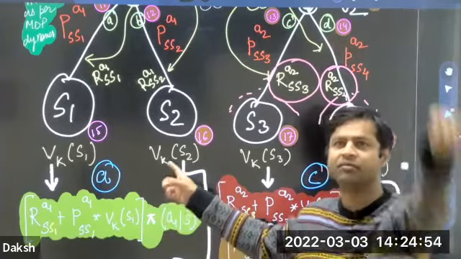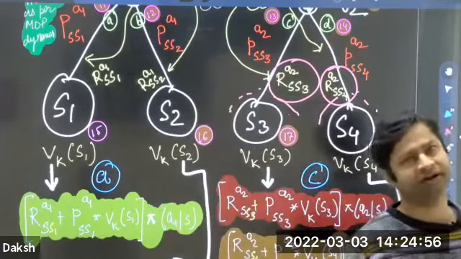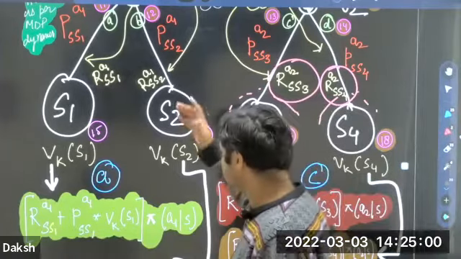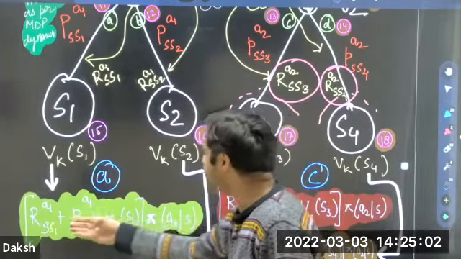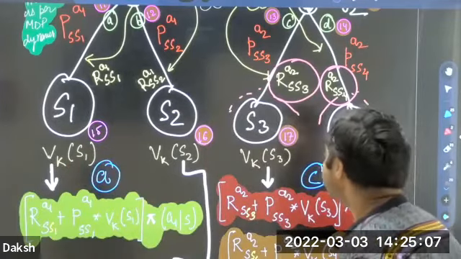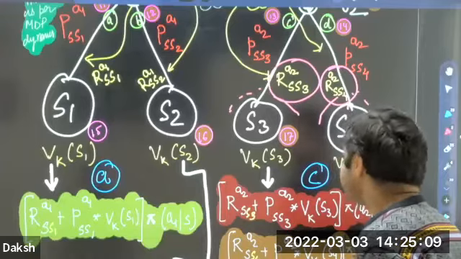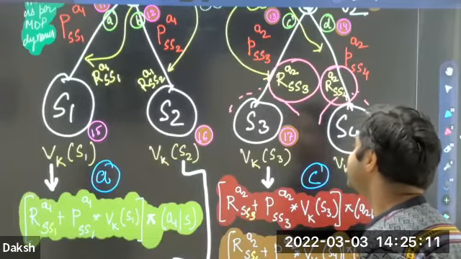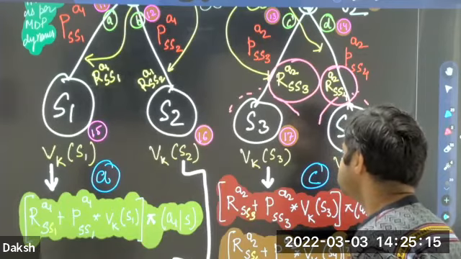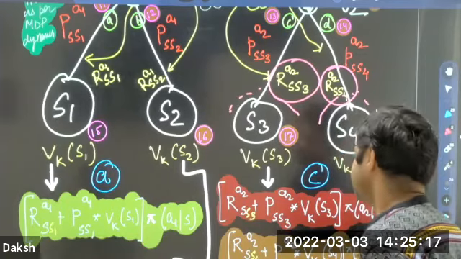Initially, it is wrong. Maybe V1 is wrong, V2 is wrong, V5 is wrong, and you keep on iterating slowly. Okay, so what is this value which we are calling Vk S1? Vk S1 is very simple.